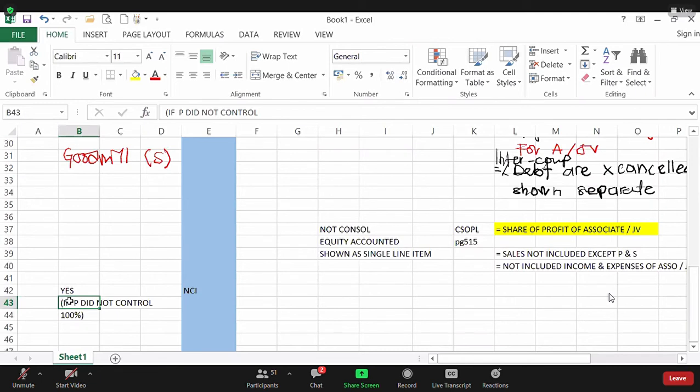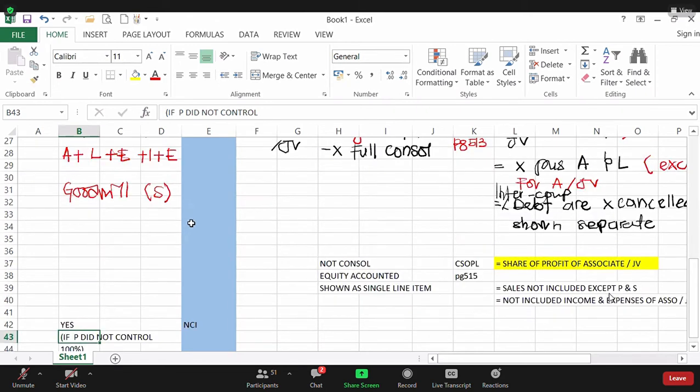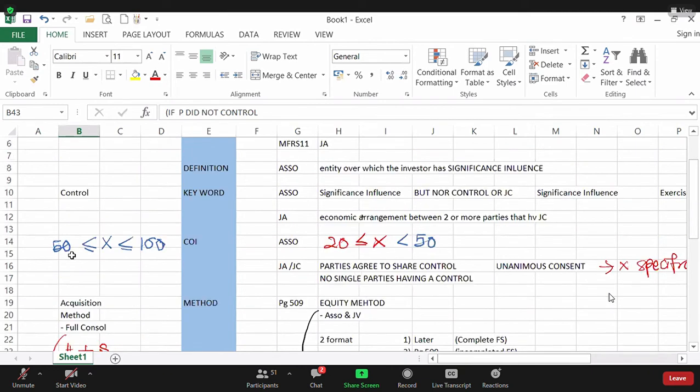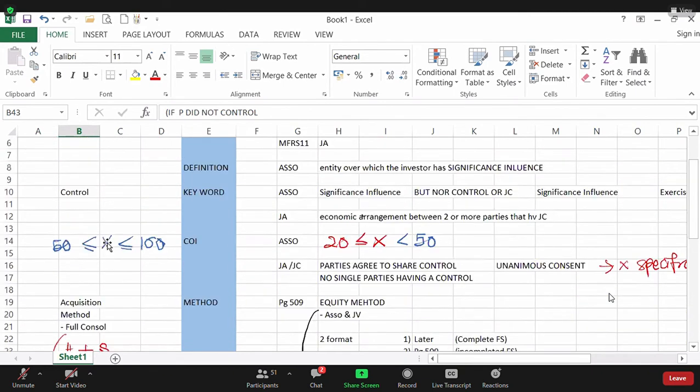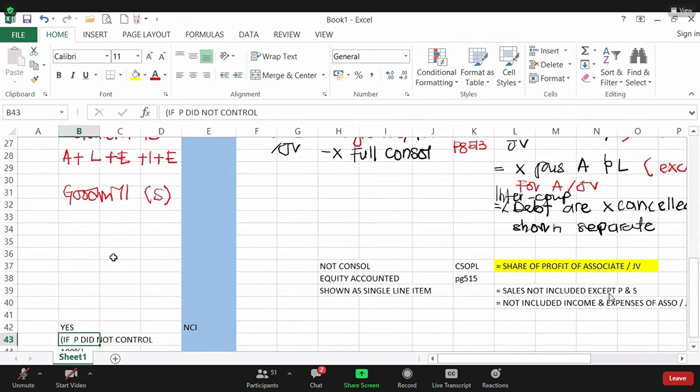What does non-controlling interest mean? Minority shareholder. So the percentage must be more than 50 for a subsidiary, then you have control. So if you hold 80%, 20% is the NCI.